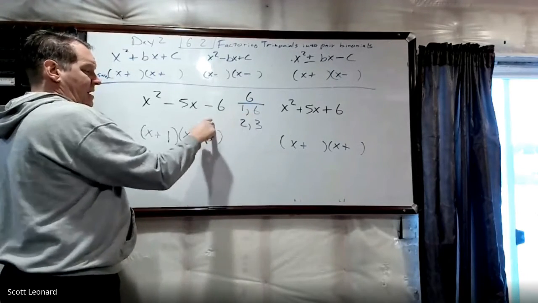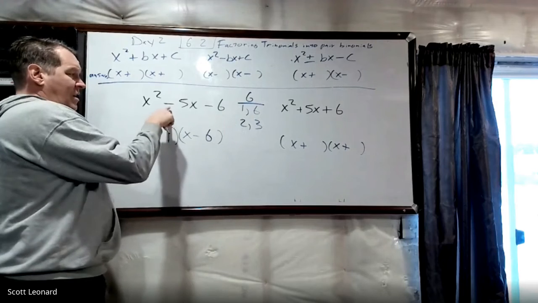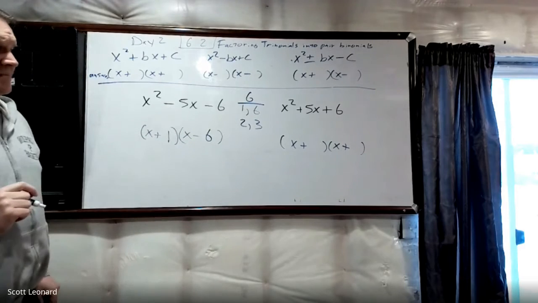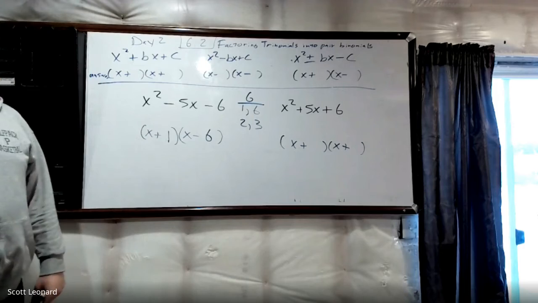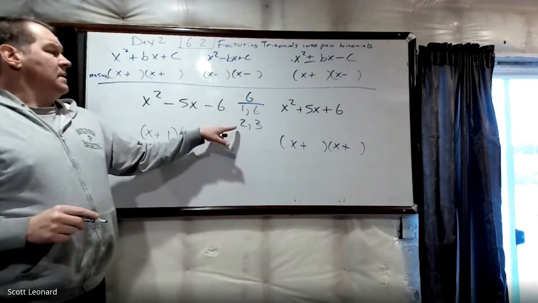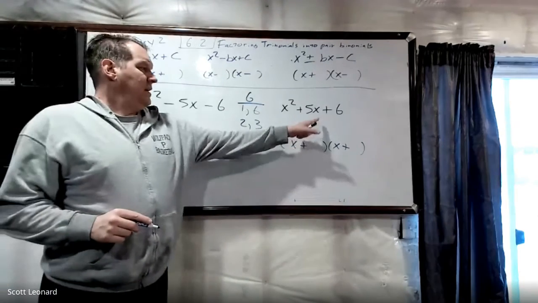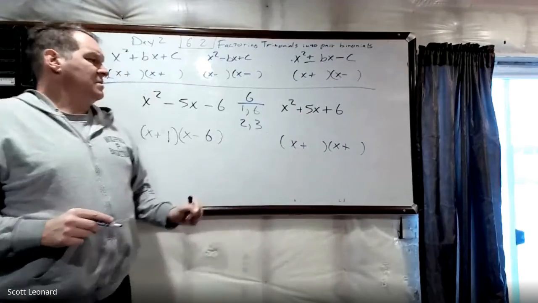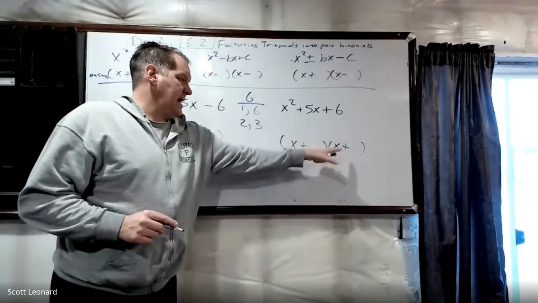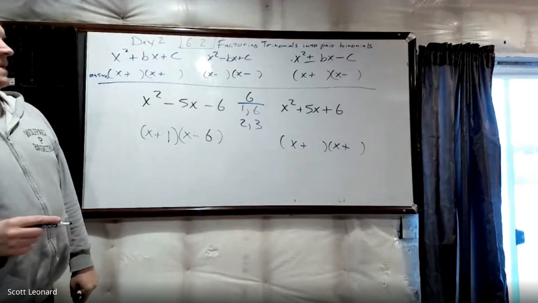So I'm using this pair. -6 and +1 add up to -5. Yep. Over here, I need them to add up to 5 as well, but they need to be the same sign this time. Yep. It's 2 and 3. Okay.